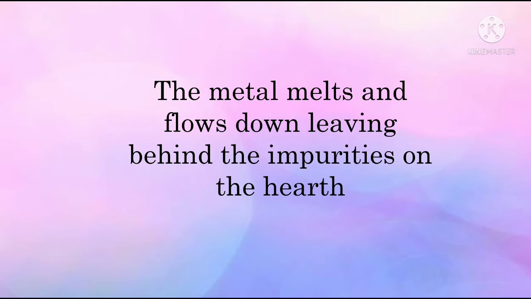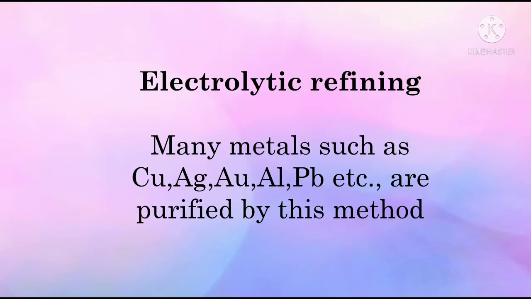Now the next refining technique is called electrorefining, or electrolytic refining. Among all the refining methods available, electrolytic refining is very important. Why? Because many metals such as copper, silver, gold, lead, nickel, or even zinc are purified by this method, and hence it is considered the most important among all the refining techniques.